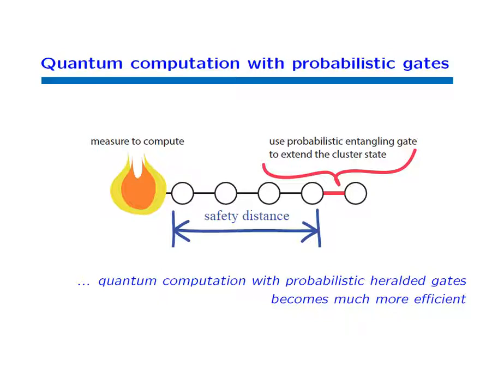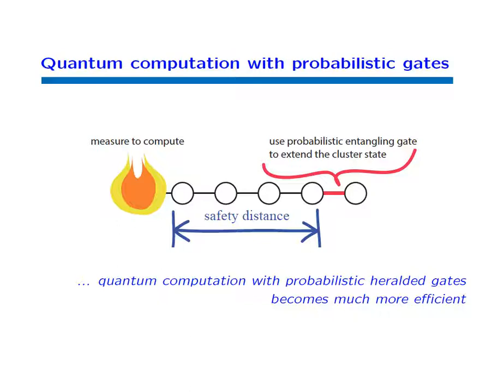I have shown this to you only in a special instance. For example, I didn't tell you what to do if the success probability of your entangling gate is below 2/3, and I didn't tell you what to do when you wanted to create a 2-dimensional or 3-dimensional cluster state, but these are details. These are now straightforward extensions that you can figure out.